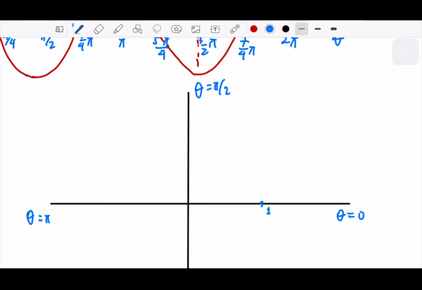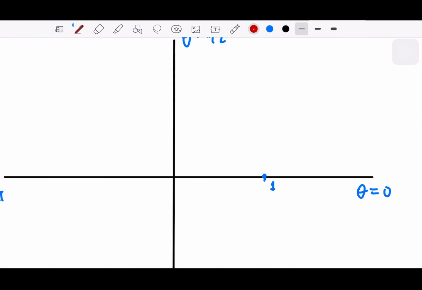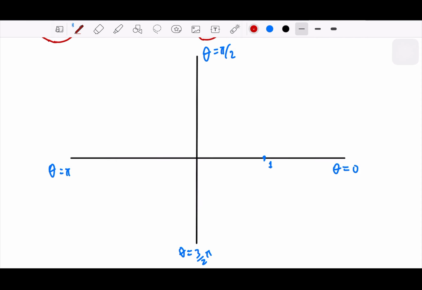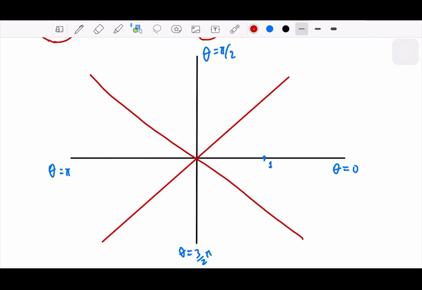So maybe we can have some angle that shows the pi over 4. So it should be at the middle part here, right? Because at every pi over 4, they will go to 0, right? Okay, let's say that's our line. So this line is theta pi over 4.